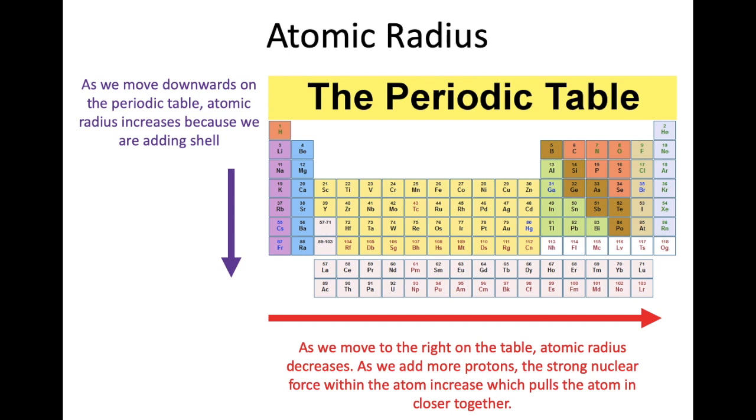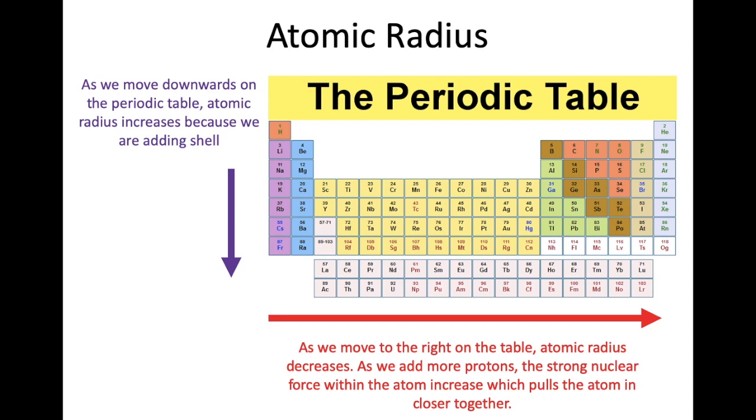When you're looking at trends of atomic radius, as you move downwards on the periodic table, the atomic radius is going to increase because you're adding more and more shells. The more shells there are, the further away the edge is from the outermost area to the nucleus. As we're moving to the right on the table, atomic radius decreases.